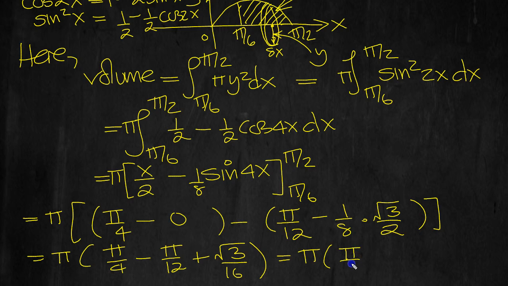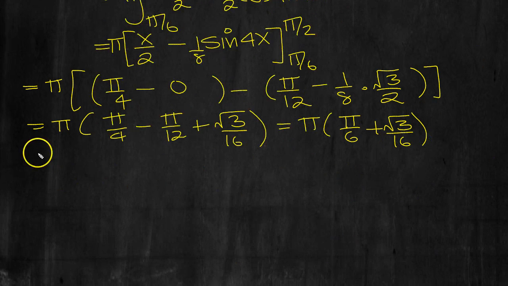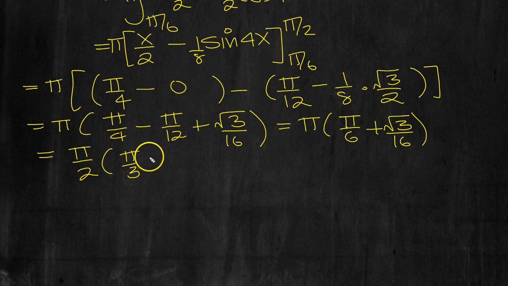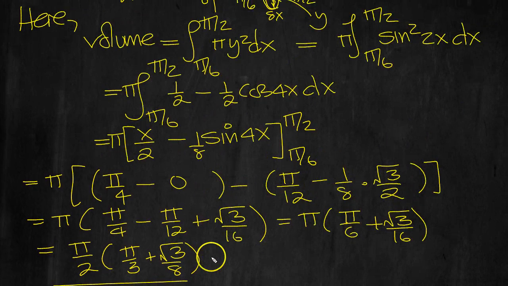Pi over 6 plus root 3 over 16. So there's a 2 common there which we could take out. Pi over 2 times pi over 3 then, plus root 3 over 8. And that would be a volume, so it would be units cubed.